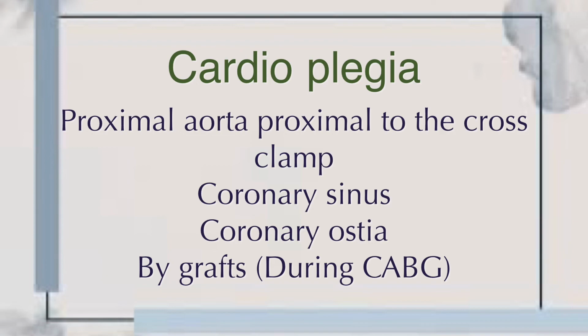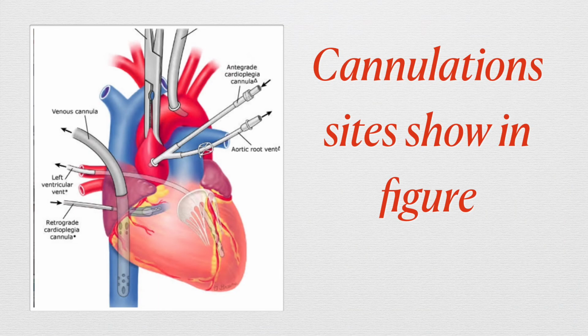Cardioplegia cannulation: proximal aorta, proximal to the cross clamp, coronary sinus, coronary ostia, by graft during CABG. Cannulation sites are shown in the figure.